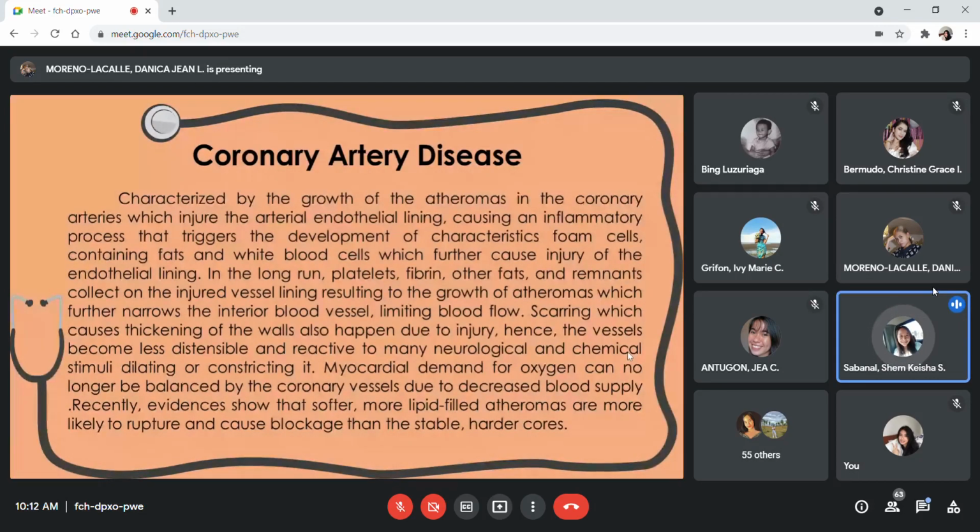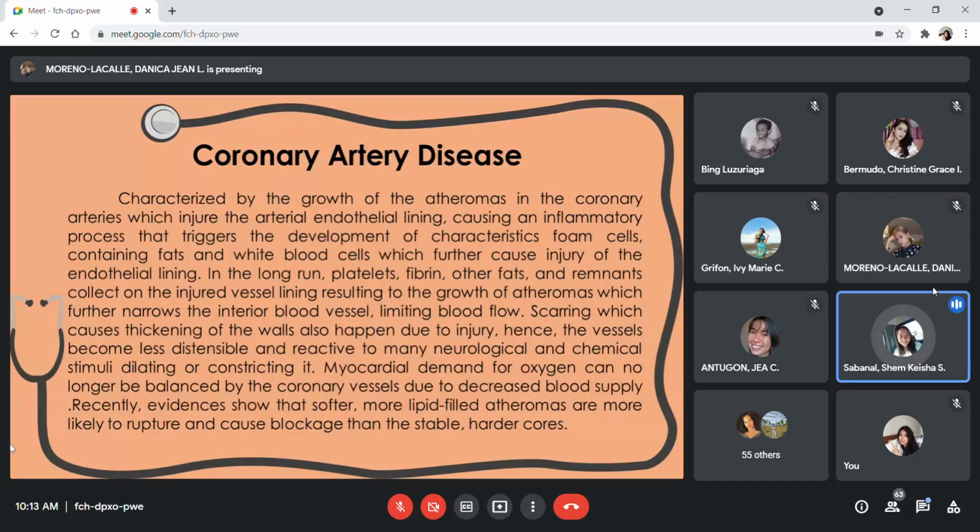I'd also like to add, in the last sentence of our paragraph, it says that recent studies show that those atheromas that are more lipid filled are softer than those that have less lipids. So when these atheromas are more lipid filled, they are soft and they tend to have a higher risk of rupturing, which will cause blockage in our blood vessels.